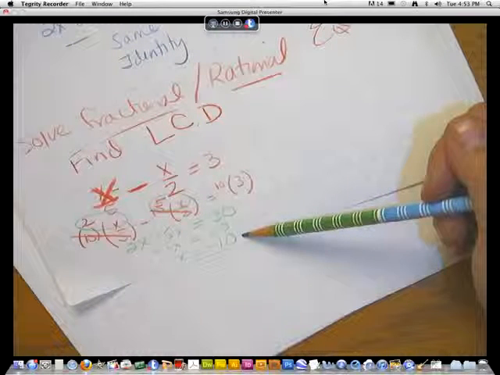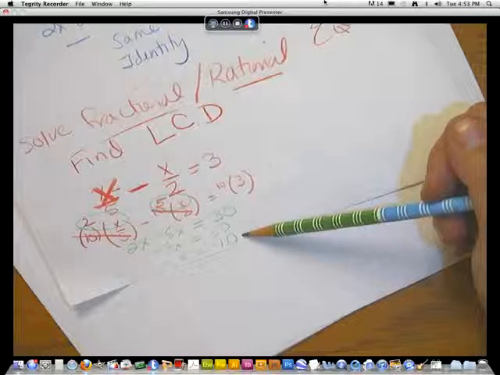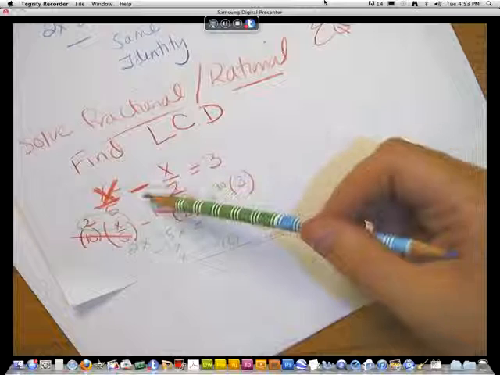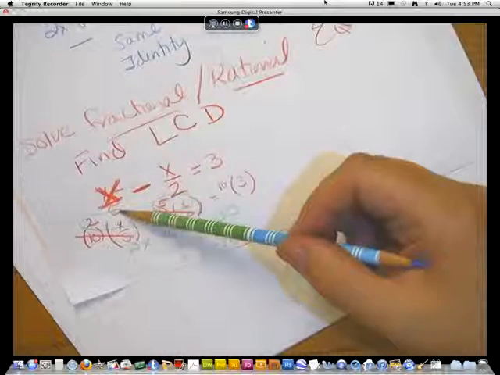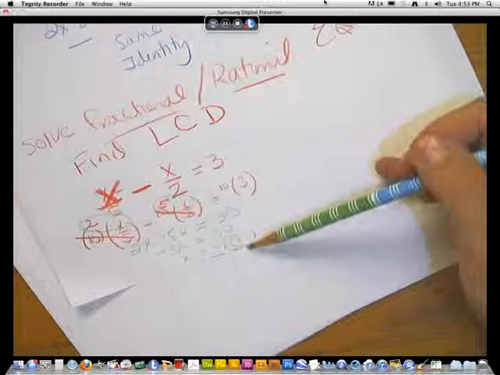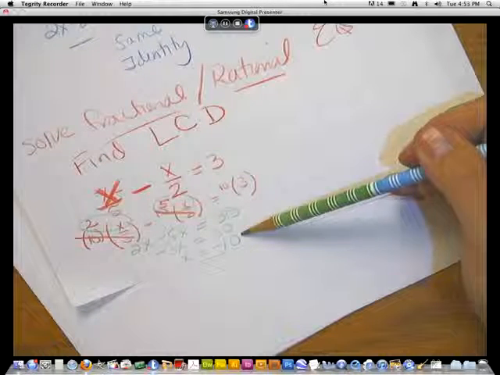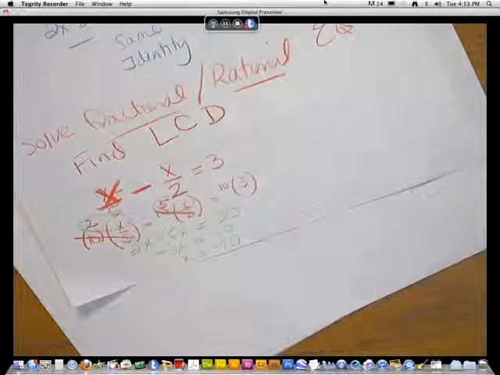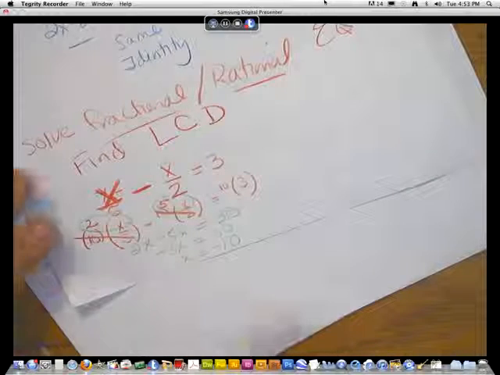Now, the only way it wouldn't be plausible is if we have a variable in the denominator. We don't care about the numerator, the denominator. Since both of these are numbers, we're going to assume this number is actually correct with our mathematical skills. But on the next one, we're going to have to check a little bit farther.